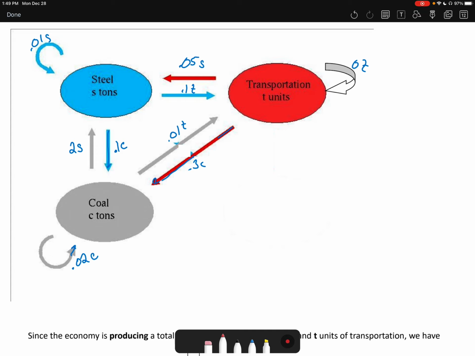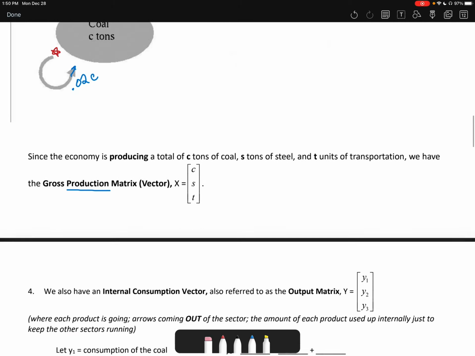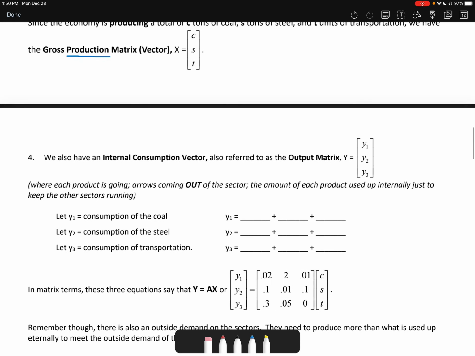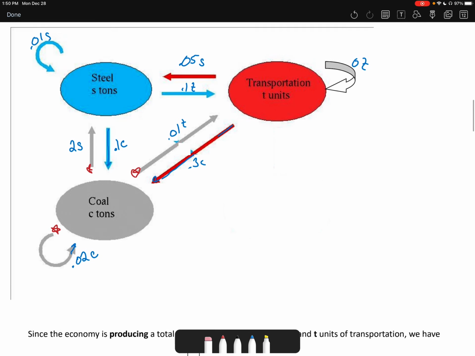Coming out of coal, we have this 0.02 coal, 2S, and 0.01 T. So that would make our output matrix for the coal. So for the coal, what's coming out of it is the 0.02 coal, the 2S, and the 0.01 T. Now we can do the same for the rest of them.